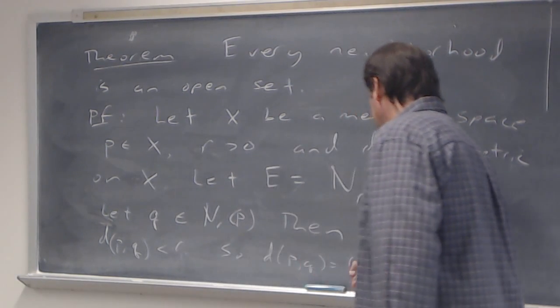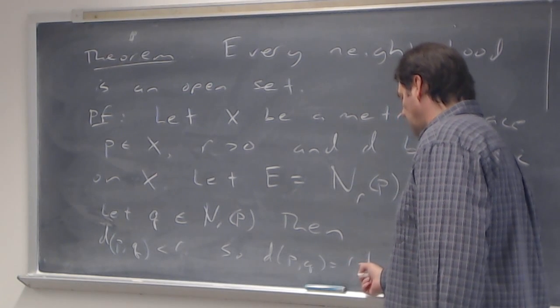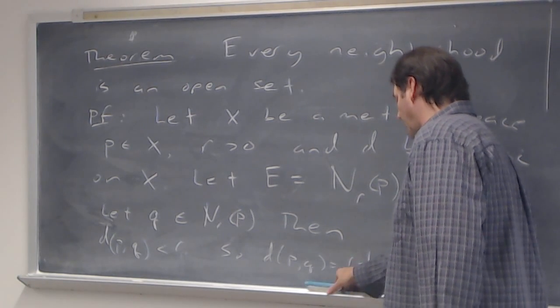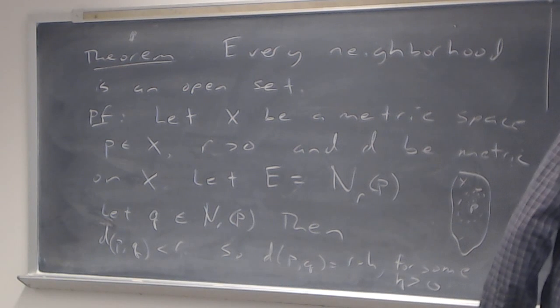So its distance is less than R, and so it's R minus H for some positive H.